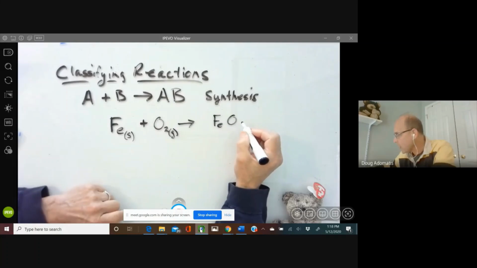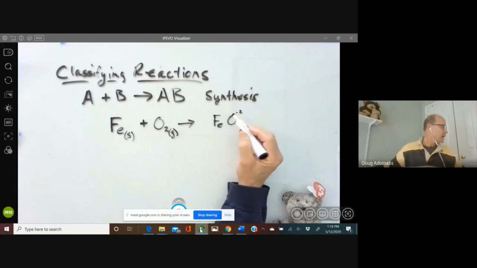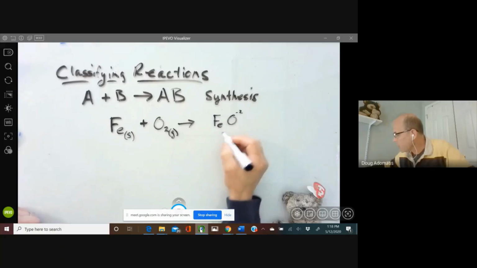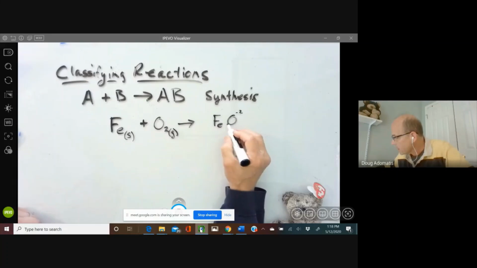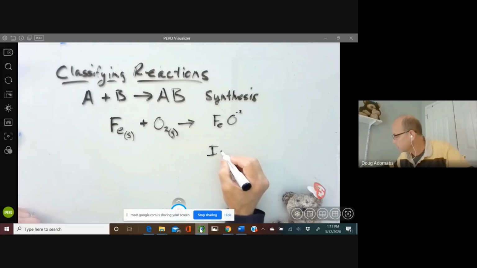If this was oxygen and it had a -2 oxidation number, this would have to be, I don't know, is there an iron 1, iron 2? I'd have to look at my special ions. If I wrote it like this with no subscript, then it would have to be iron 2 oxide.